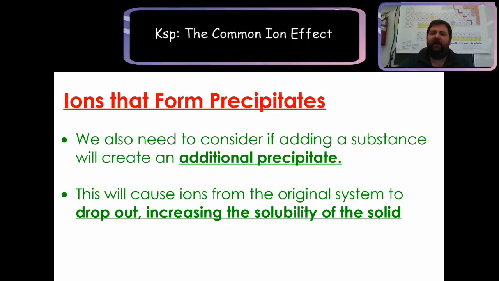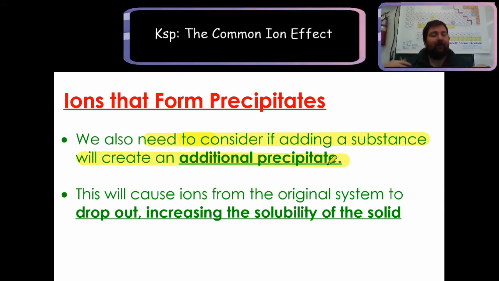Now, this is going to be an interesting case. Every once in a while, you're going to need to consider if, when you add a substance, it's going to create a precipitate that was already in your equilibrium expression, or if it's going to create an additional precipitate.